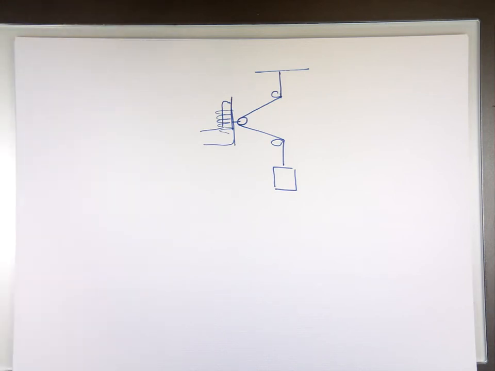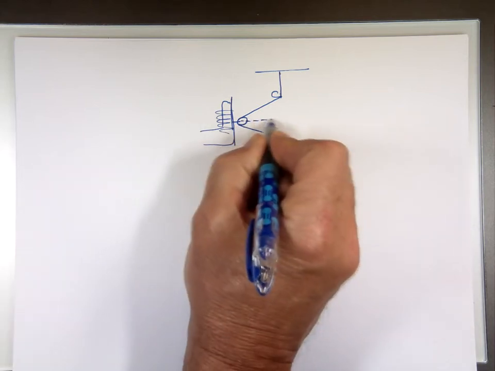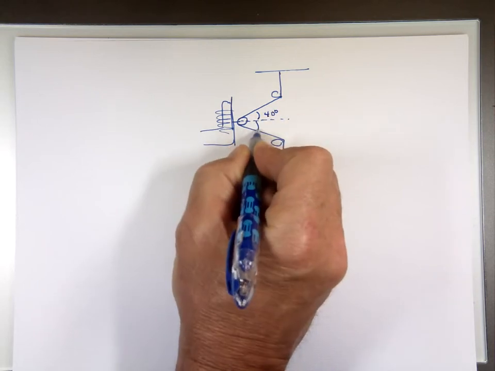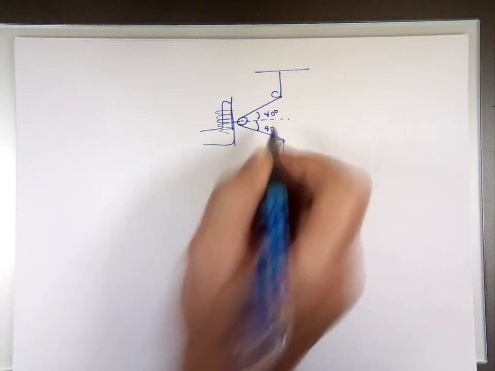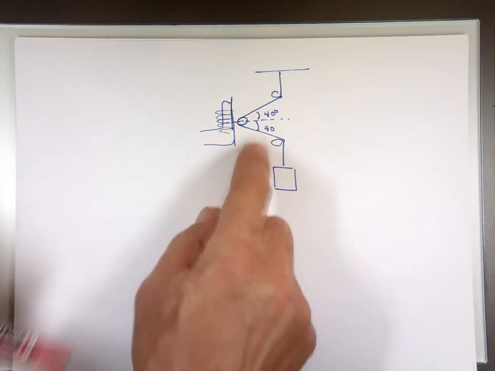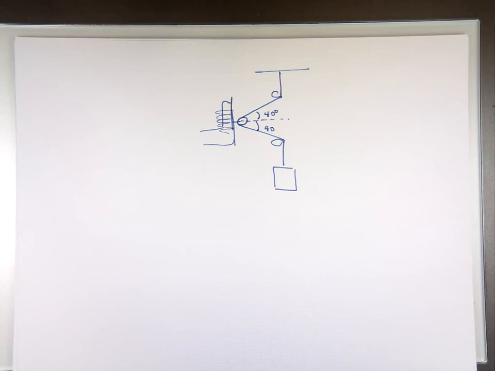And let's assume these angles here, 40-degree angle. Now, I'm not really sure if the tension in these cables is the same or not. So I don't want to make an assumption they are the same. I'll call them T1 and T2.